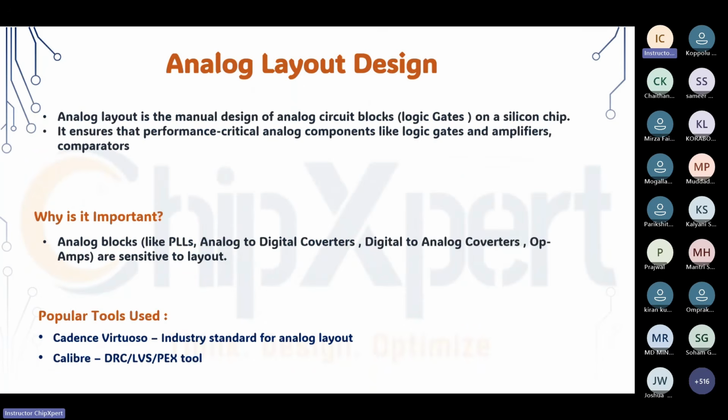Next, coming to the analog design team. Someone was asking why analog design people come under VLSI. Let me give you a story about this, so please don't interrupt me if you have doubts.